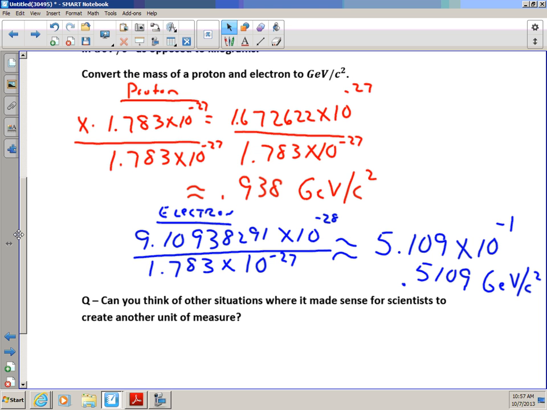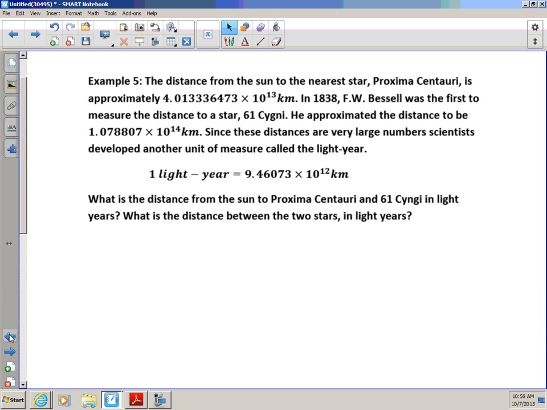Now, a similar situation, and you saw this in the video on Friday, is dealing with very far distances. And looking at the next example, what scientists have come up with, and you should be familiar with this term, is light years, because the distance from the sun to its nearest star, Proxima Centauri, or the star 61 Cygni, are very, very far distances.